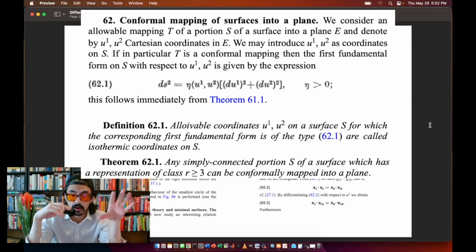This is different, from what I'm going over from section 62 here. This is different from the simply connected minimal surface capital S, same letter, from theorem 82.1. So keep that straight for now.